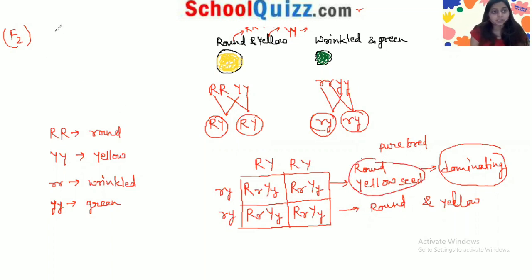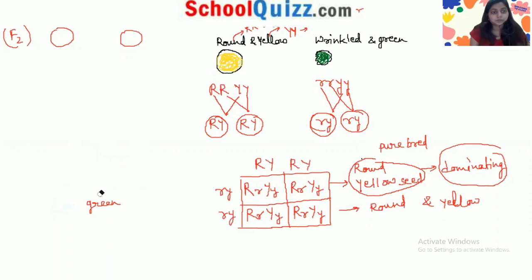Okay, so there are two round and yellow seeds. These are yellow and round seeds.